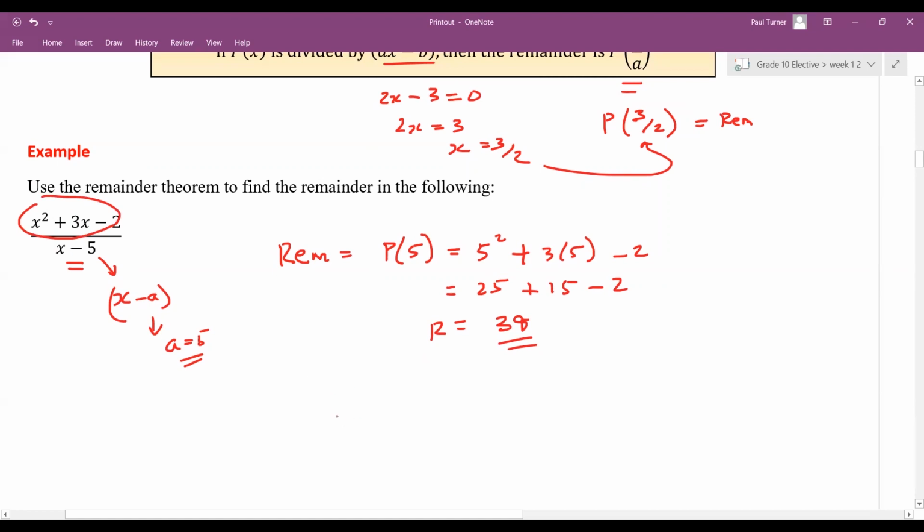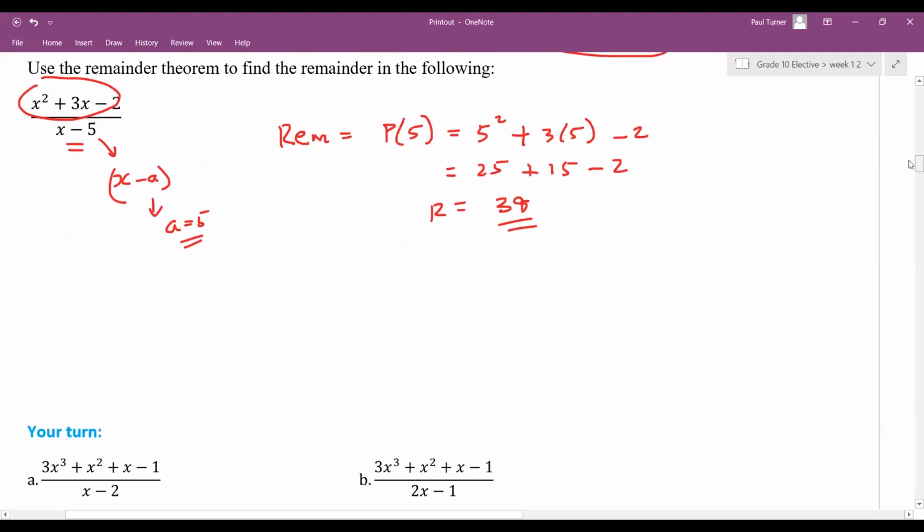So we can try that actually, just to waste a bit of time. So let's do x minus 5 into x squared plus 3x minus 2. So x squared, you'll get x squared times minus 5, minus 5x. 3 minus negative 5 will be 8x.